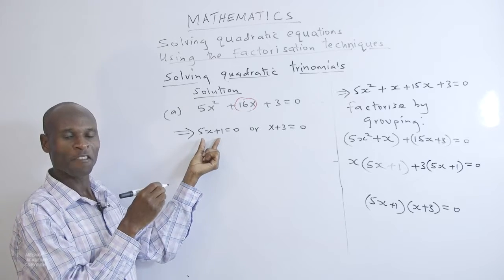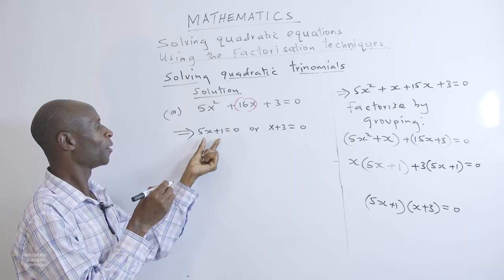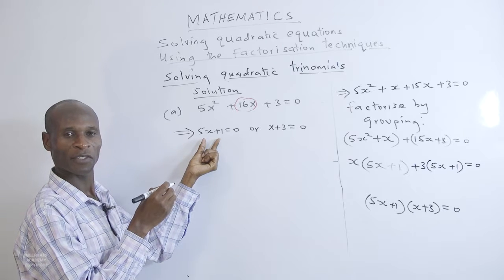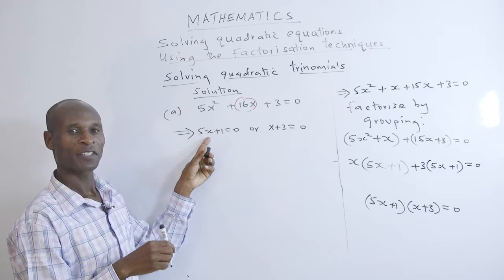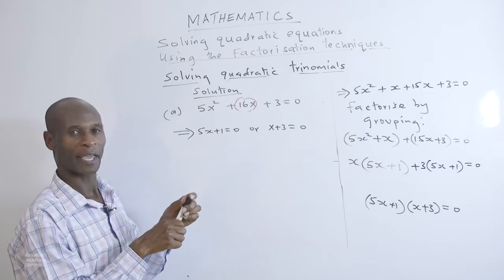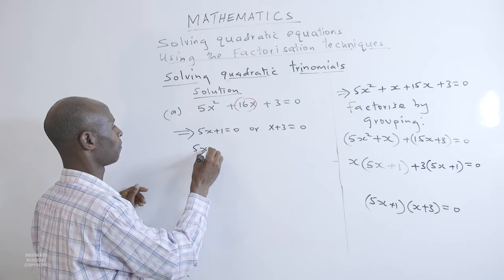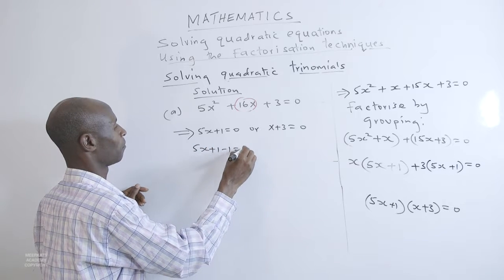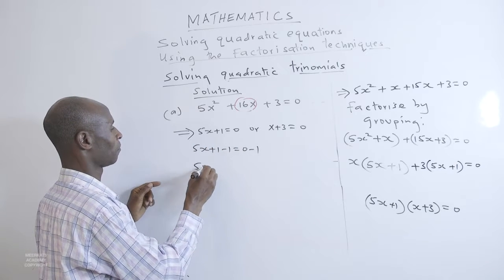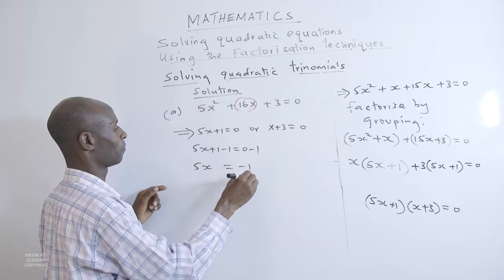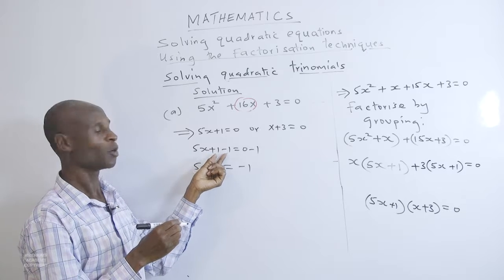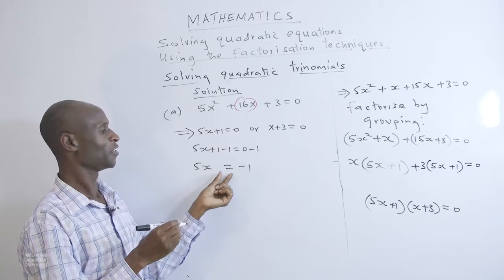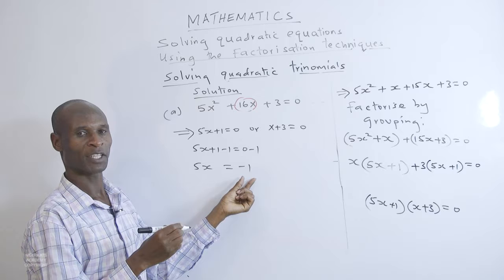So if we solve the first linear factor, what will be the value of x? To find the value of x, subtract 1 from both sides. On the left-hand side, we have 5x plus 1 minus 1, which leaves us with 5x, is equal to 0 minus 1, which is minus 1.